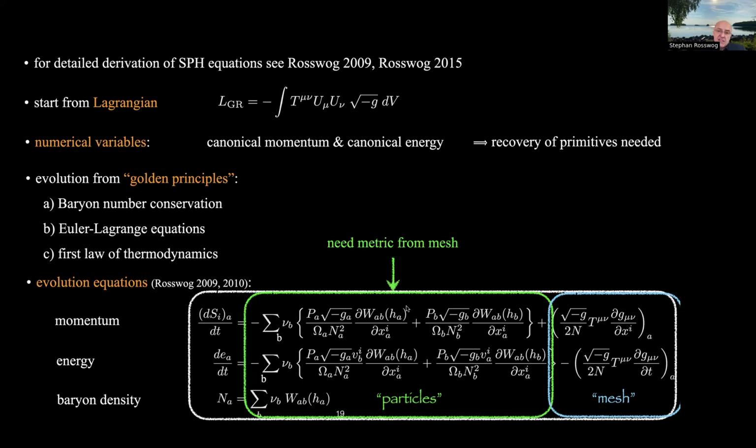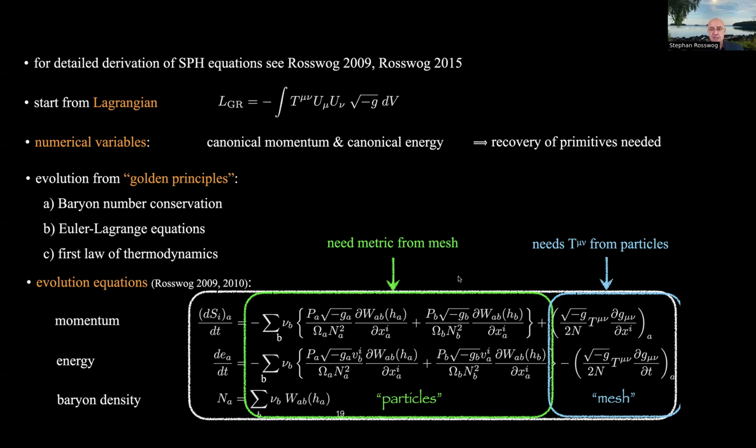And as you see here, this is for evolving the particles. So the particles need to know about the metric. Since we want to evolve the metric as well, we evolve the metric on a mesh, but use particles for the hydrodynamics. But also, if you want to evolve the space-time, you need the T mu nu as a source, and this is something that you know at the particles.